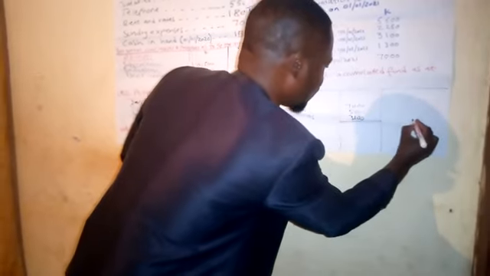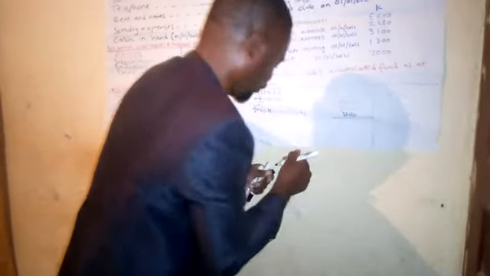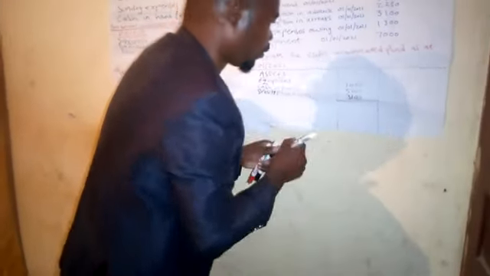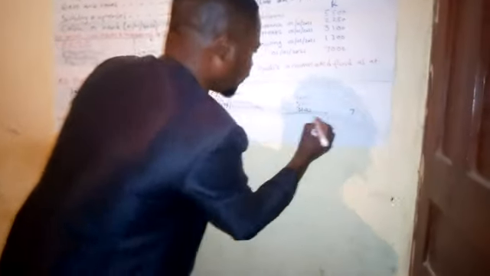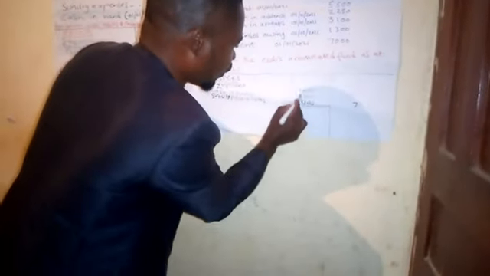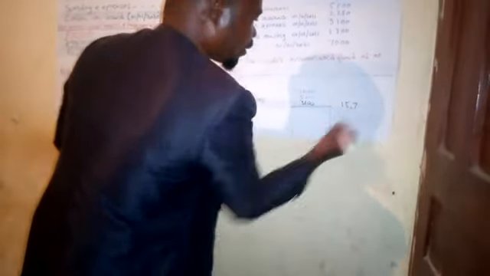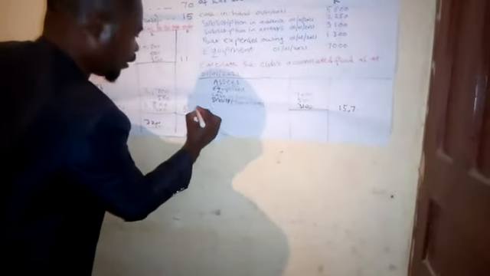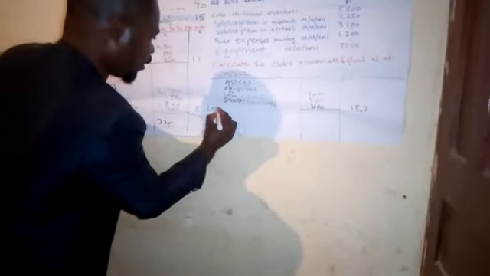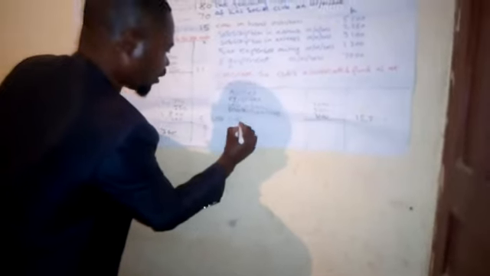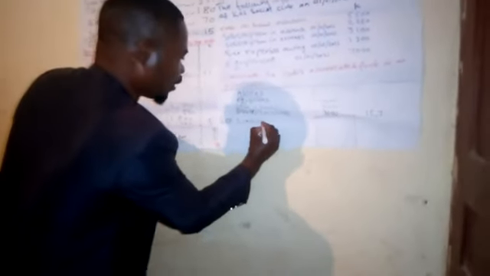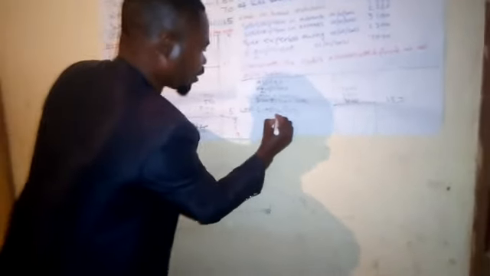Okay, so we can add these figures. We have 0, 0, 7, then 10, 15. Okay, so we have 15,700. Okay, then you write less liabilities. Okay, less liabilities.